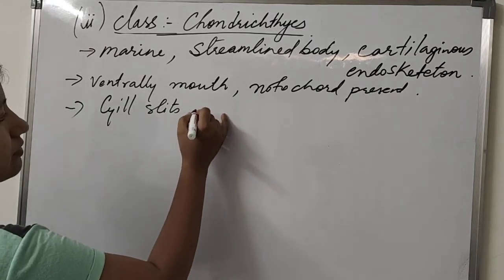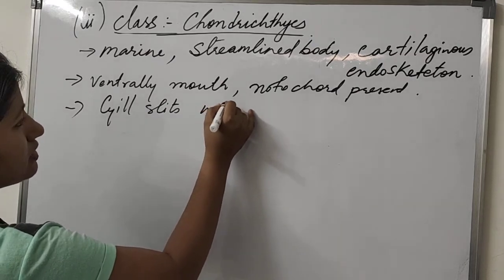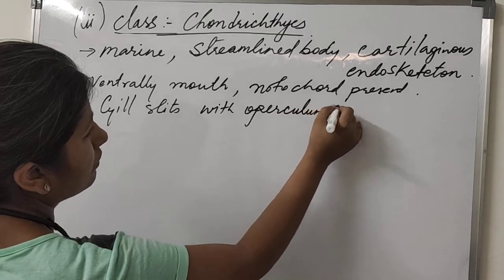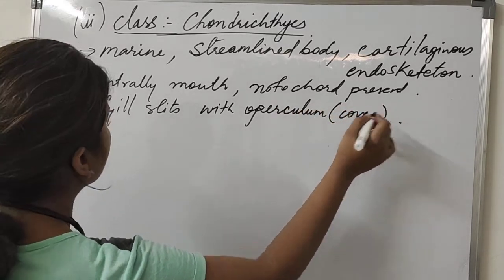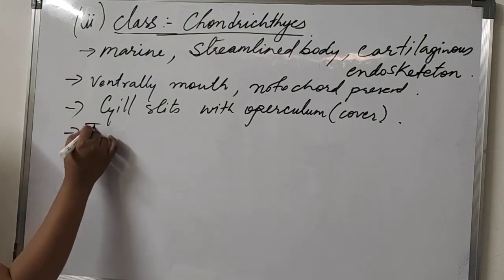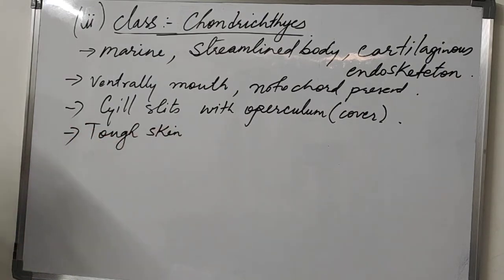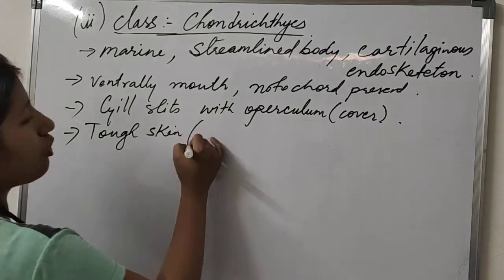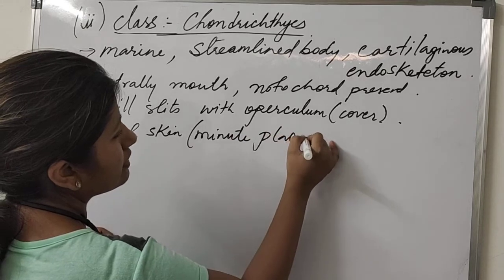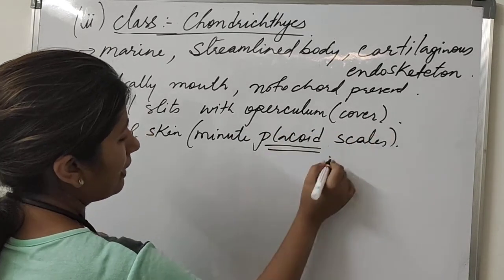The gill slits have a cover. Gill slits with operculum. Operculum means a cover. And they have a tough skin with minute placoid scales. Now, how is this placoid scale?